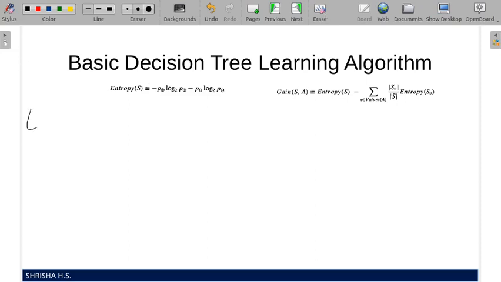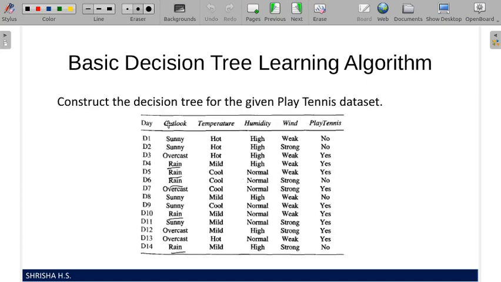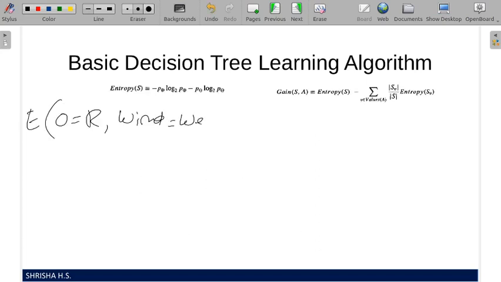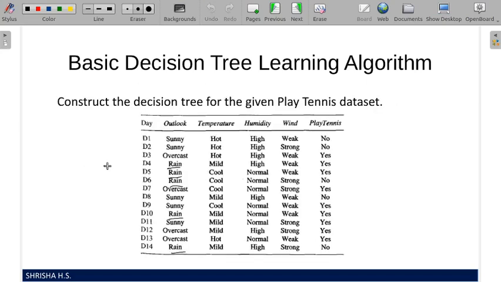So entropy, I'm writing in shortcut, when wind is weak. Let's see this combination: rain weak, rain strong.